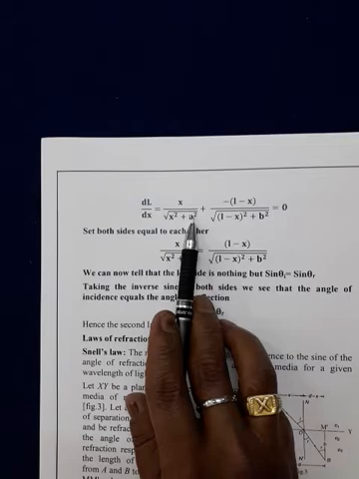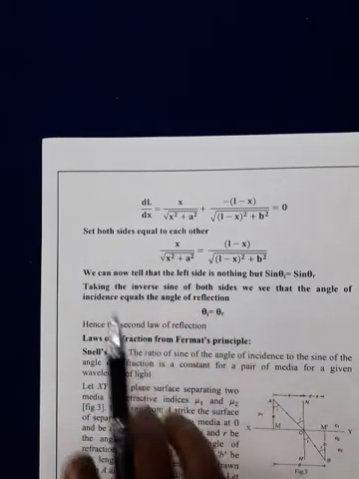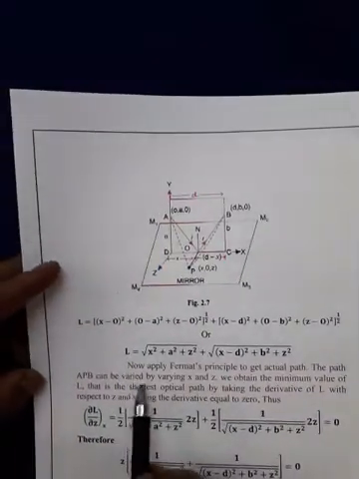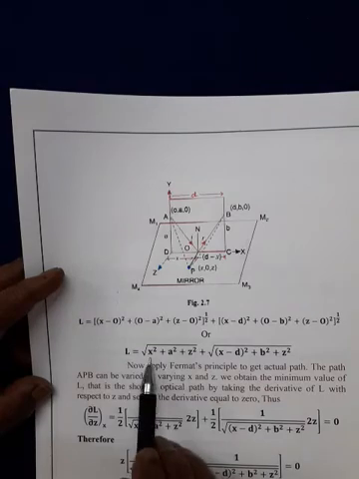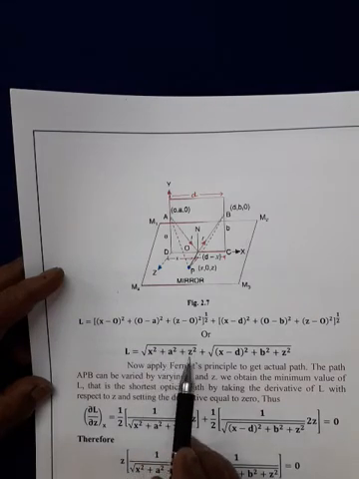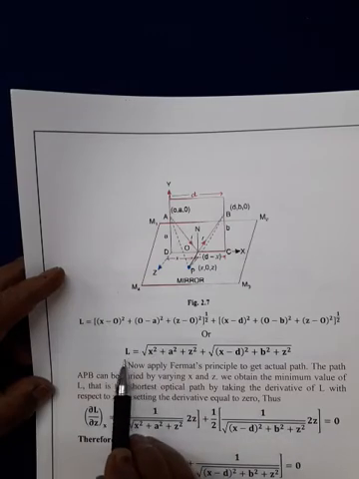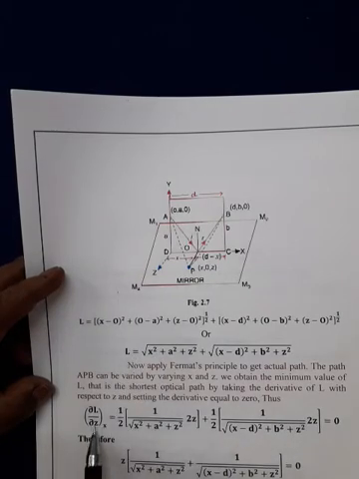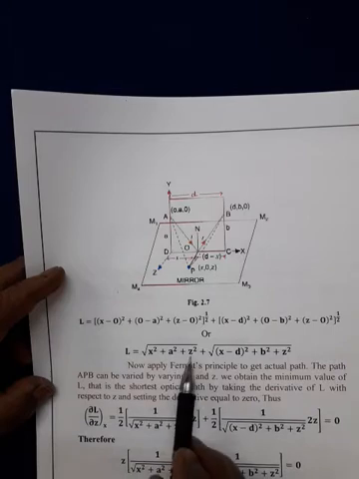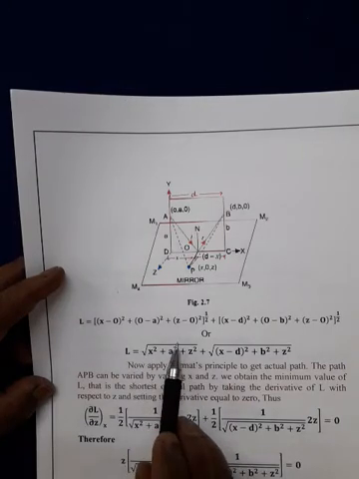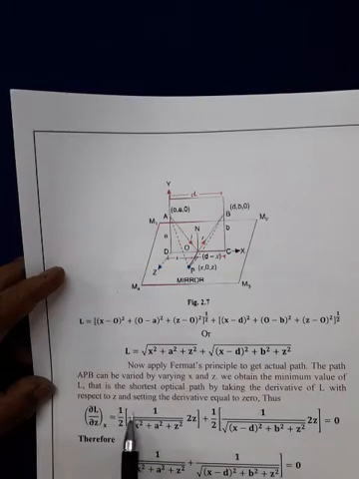How will it come? In the previous equation we have solved L equal to under root of x square plus a square plus z square. This is nothing but the differentiation, that is dou L by dou z: 1 divided by 2 root of x square plus a square into 2x, and likewise for 2z.